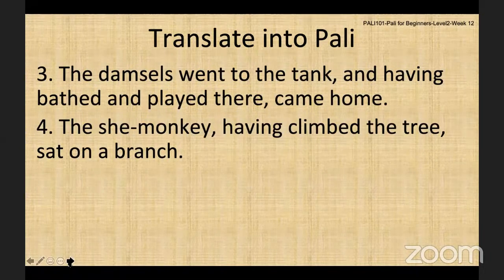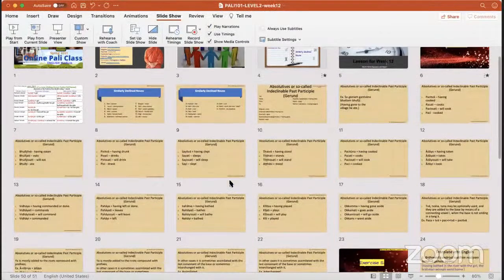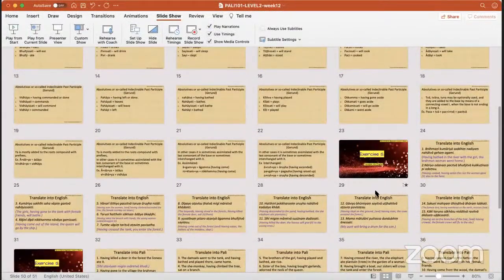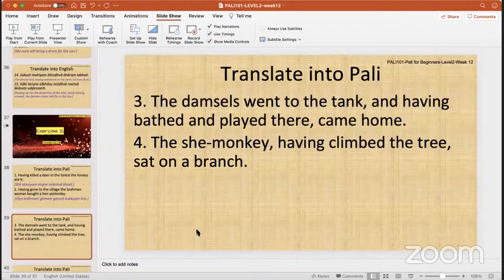3. The damsels went to the tank and having bathed and played there, came home. That is the sentence that we want to work on today. Okay. All right. So what is the verb here? The verb here, let me see.